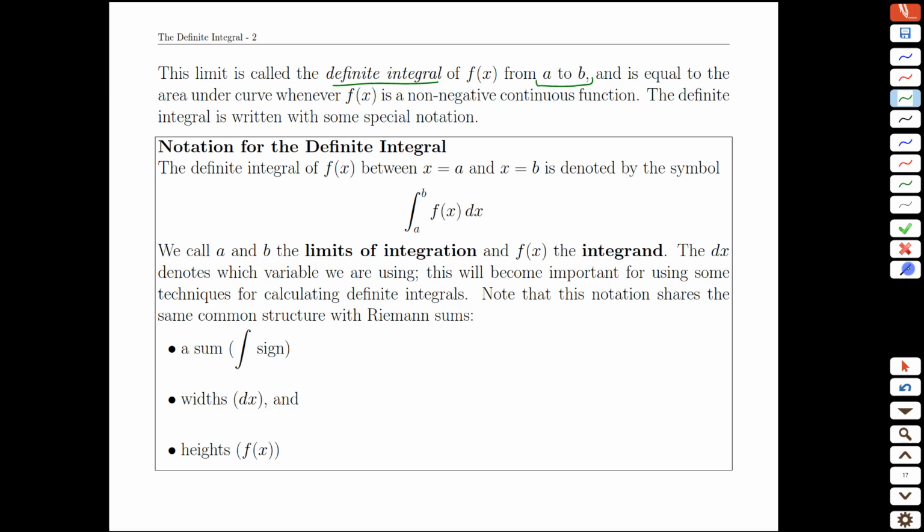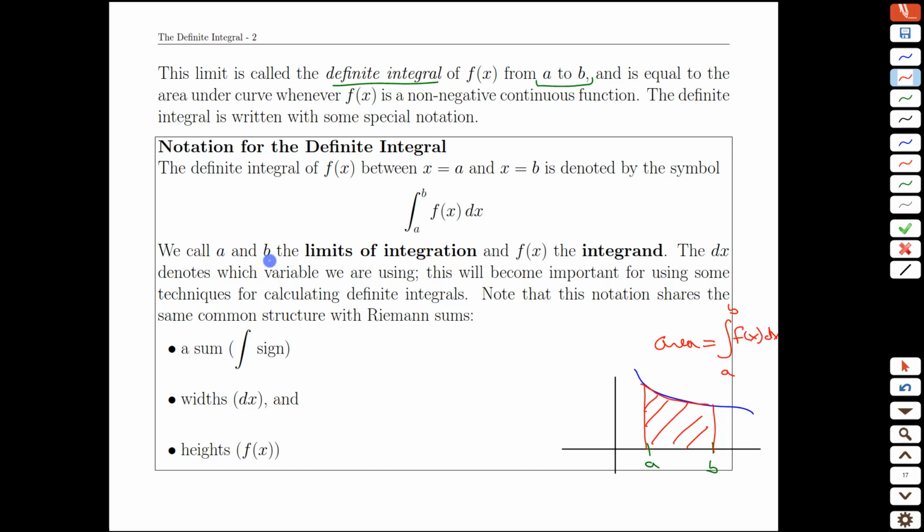But the key thing is, intuitively, with a graph, if someone says, I'd like you to look on this interval from A to B, and here's your function, the exact area underneath this graph, the area highlighted here in red, that area is equal to this notation here. Here's my function, there's a little dx, we'll see why that's there, and then there's the A to B. Integrate from A to B my function with this dx here.